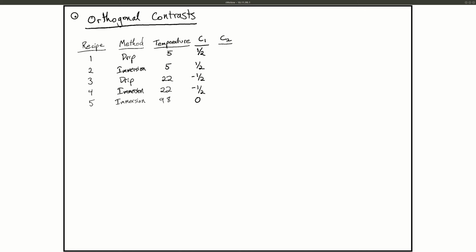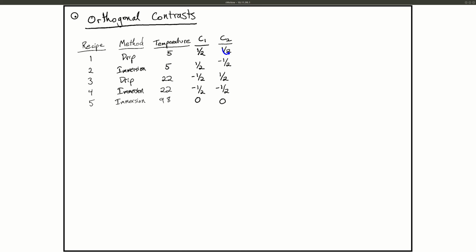This contrast is going to have these contrast coefficients: 1/2, negative 1/2, 1/2, negative 1/2, and 0. Stop and think for a second. What hypothesis does this second contrast correspond to?